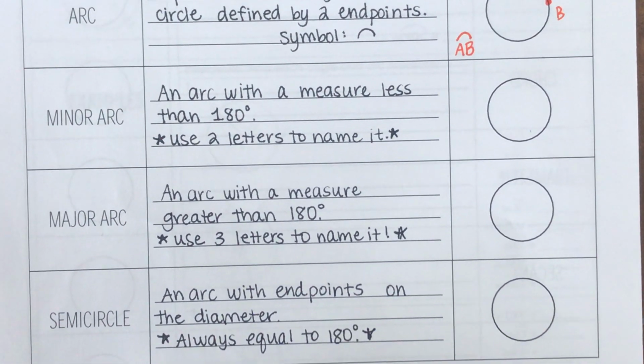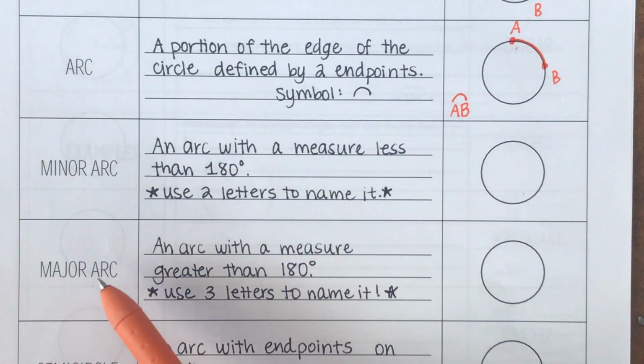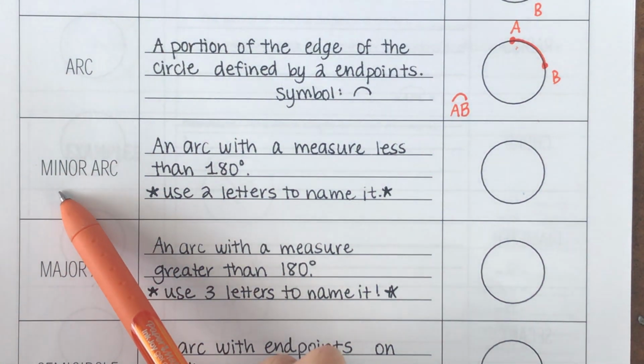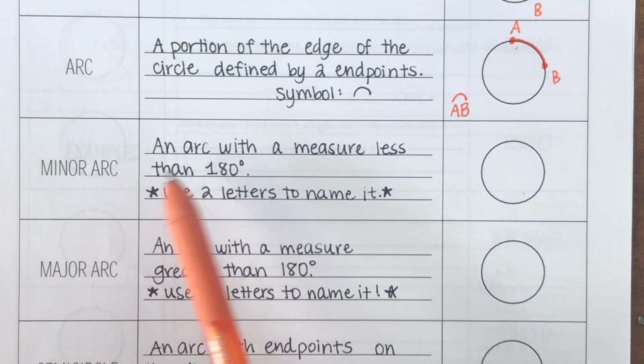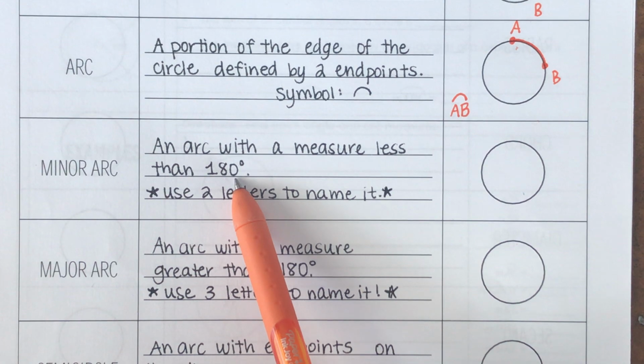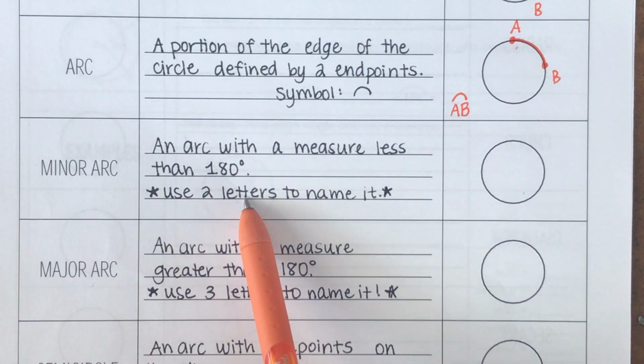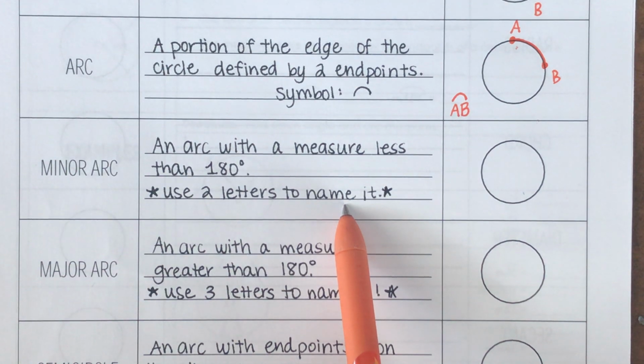Now there's two different types of arcs. One's called a minor, one's called a major. As you can probably figure out, minor means an arc that has a measure that's less than 180 degrees. So it's like an acute angle. It's something small. We use two letters to name a minor arc.